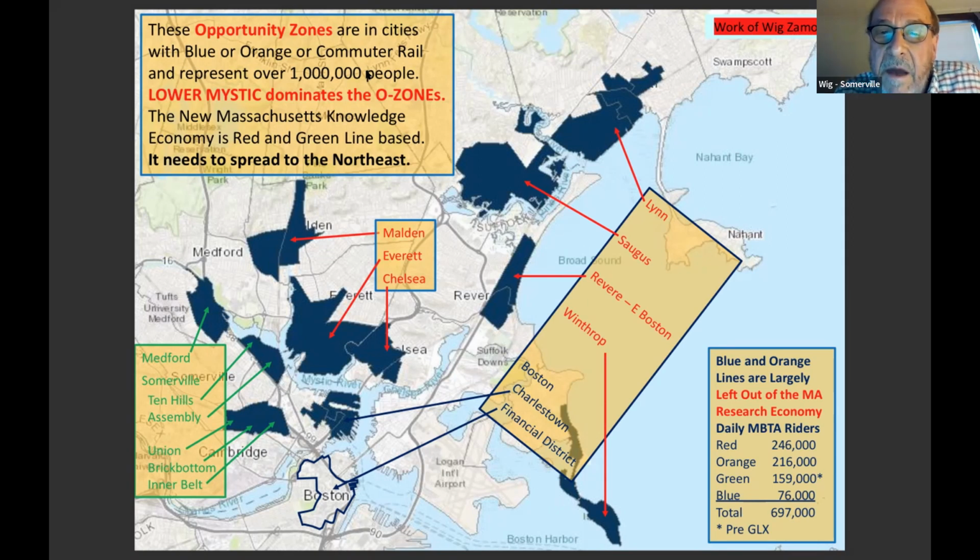That is another reason I think we should try to integrate them more to the core. And that's the purpose of this slide. The blue line is modern. It works well, but it doesn't go far enough and it doesn't connect well enough to our other lines.